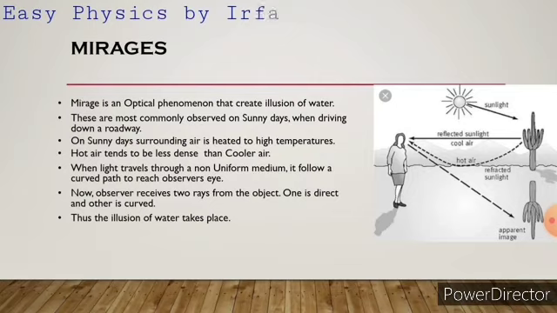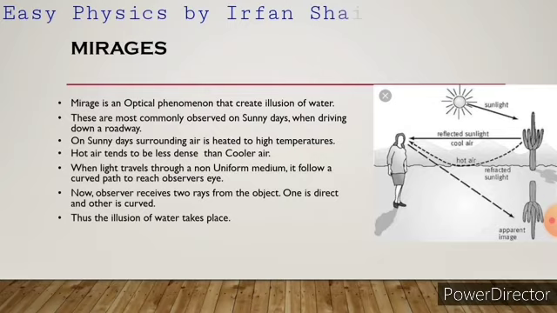These are most commonly observed on sunny days when driving down a roadway. On sunny days, surrounding air is heated to high temperatures. Hot air tends to be less dense than cooler air.